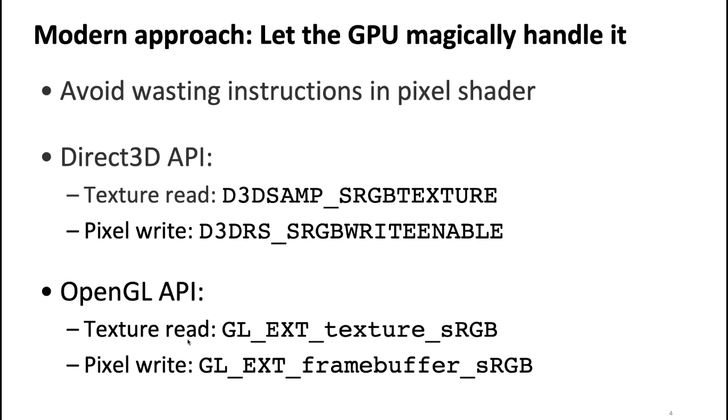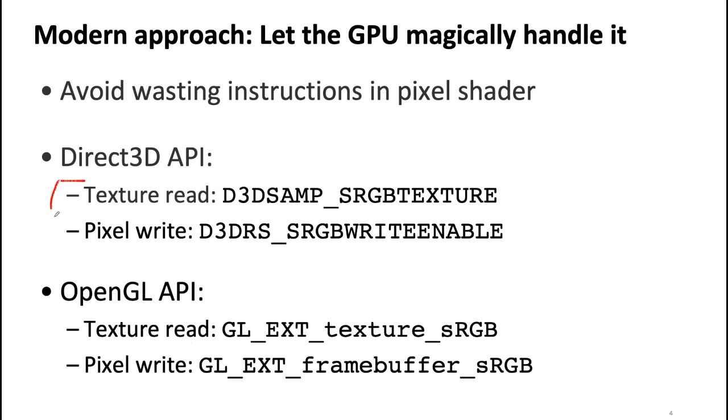So the solution to this is to basically take that square every time you read a texture, and then you do all of your math in your shader, you add up all your lights or whatever, and then you do that square root at that final pixel value before you write it to the screen. Normally, you would actually take some instructions in your pixel shader to do those kinds of computations, but fortunately, modern GPUs will have hardware in there to do this for you.